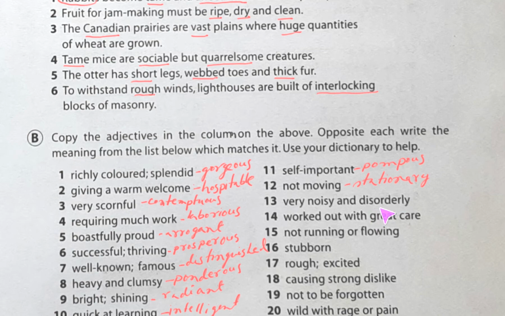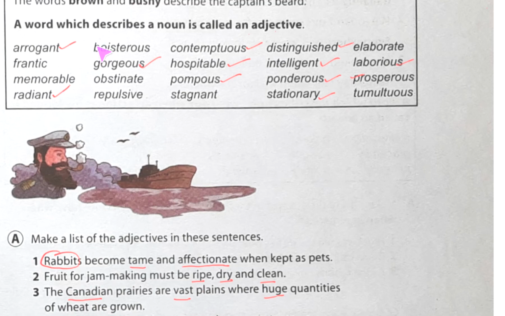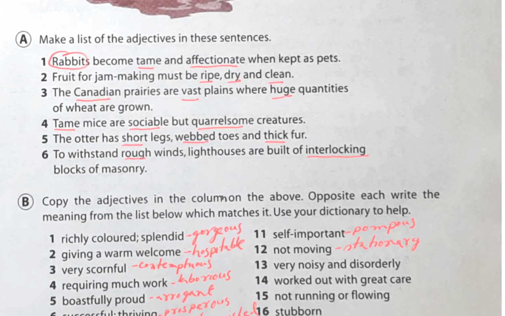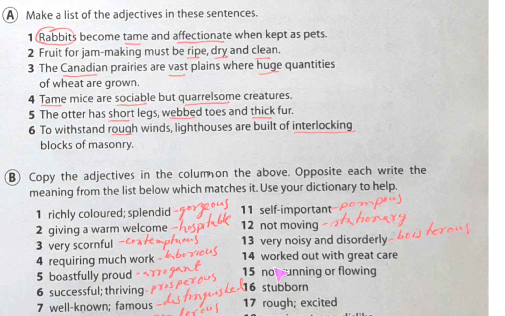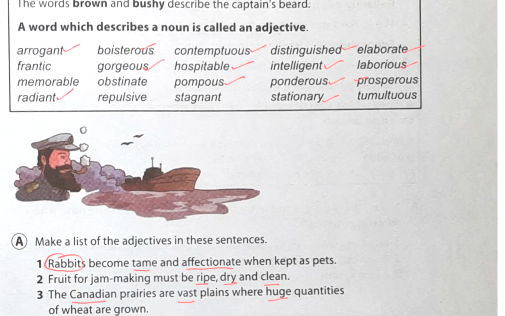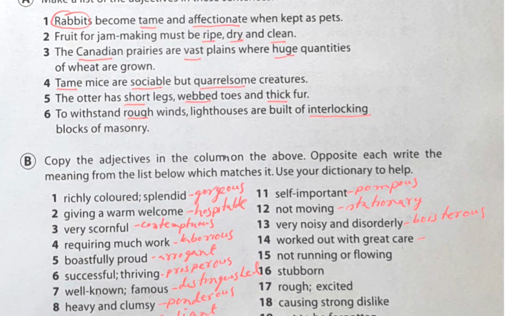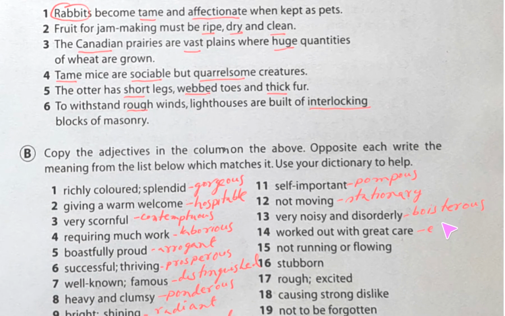We can write here, boisterous. Okay. Next one, worked out with great care. We will write elaborate. So here we will put elaborate.